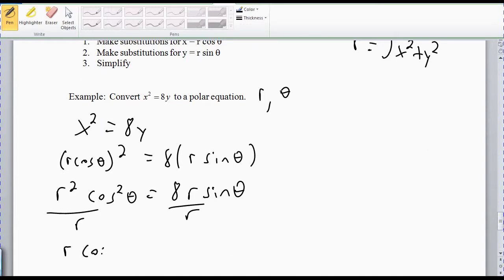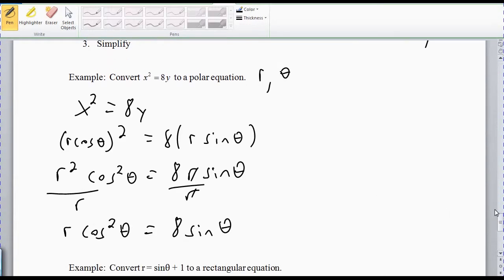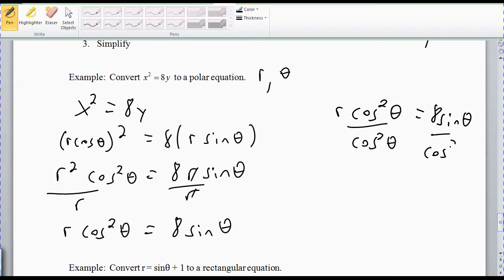So I have r cosine squared theta equals 8 sine theta. And then from here, I want to move it up here because I'm out of room. If I want to solve for r, I just divide both sides by cosine squared theta. We have a polar equation.